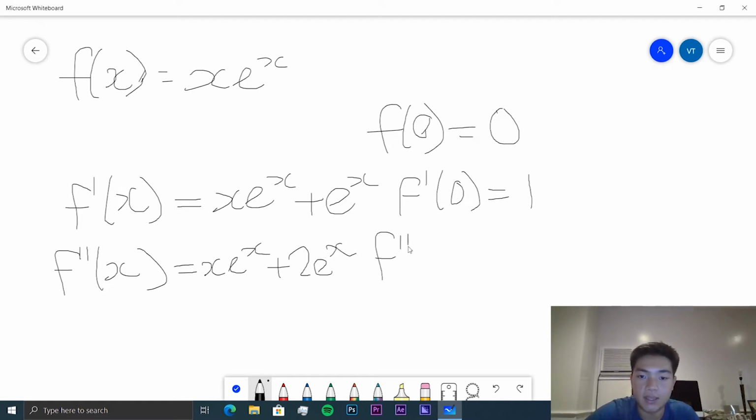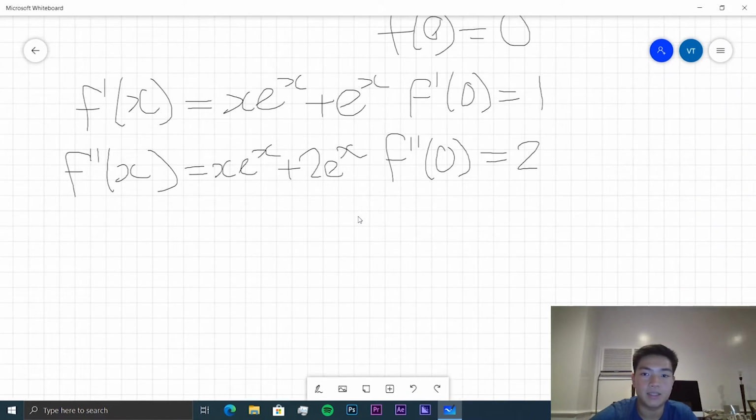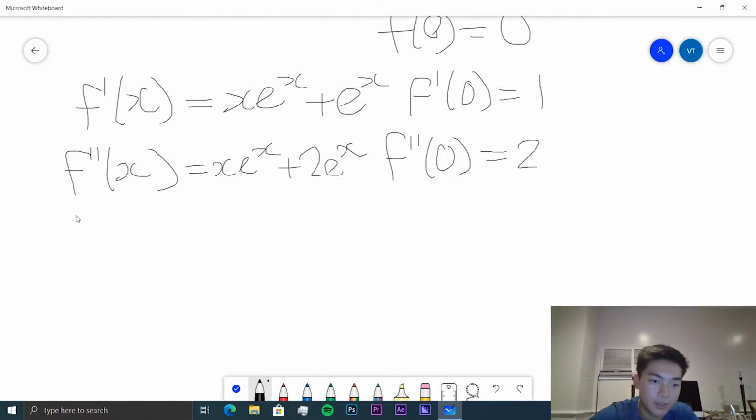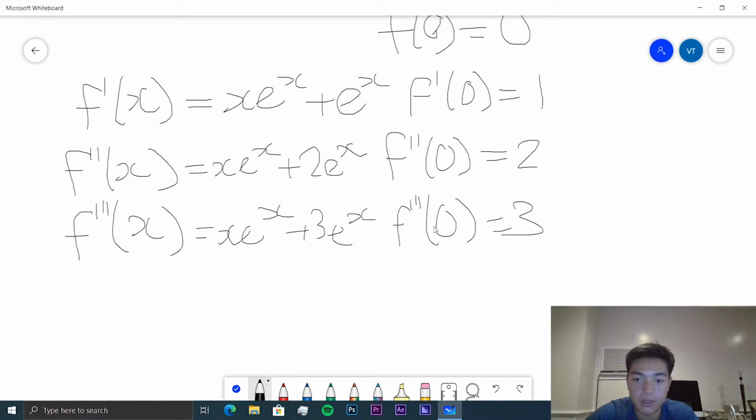And so the second derivative at 0 is equal to 2. Next, we have the third derivative, which is equal to x e to the x plus, well, 3e to the x. There's a pattern here. And so we get the third derivative at 0 is equal to 3.